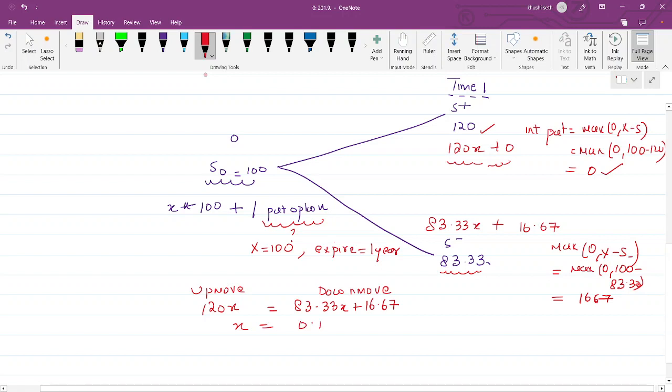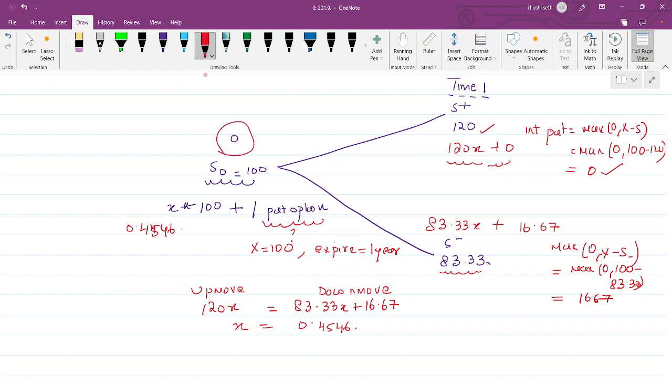X was around 0.4546, right? So what this basically means is that if we buy 0.4546 shares of the underlying at time 0, then the value of my portfolio is going to be the same irrespective of whether the underlying increases or decreases in 1 year.